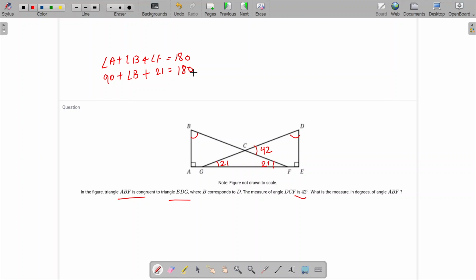Now only one is unknown. I can easily find it. Or else you already know that in a right angle triangle, if one angle is 90 and another is 21, this angle will be 90 minus theta, 90 minus 21. So instead of using the angle sum property, you can directly find it if it is a right angle triangle. So these are the two questions that we discussed.